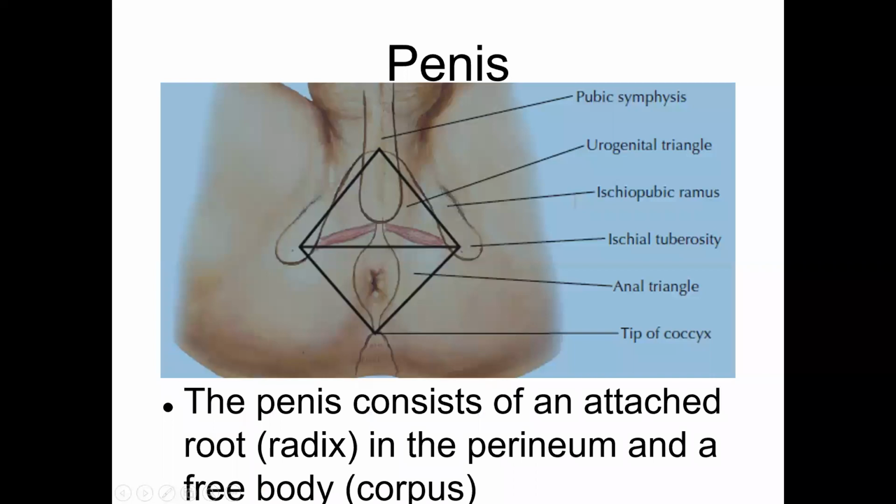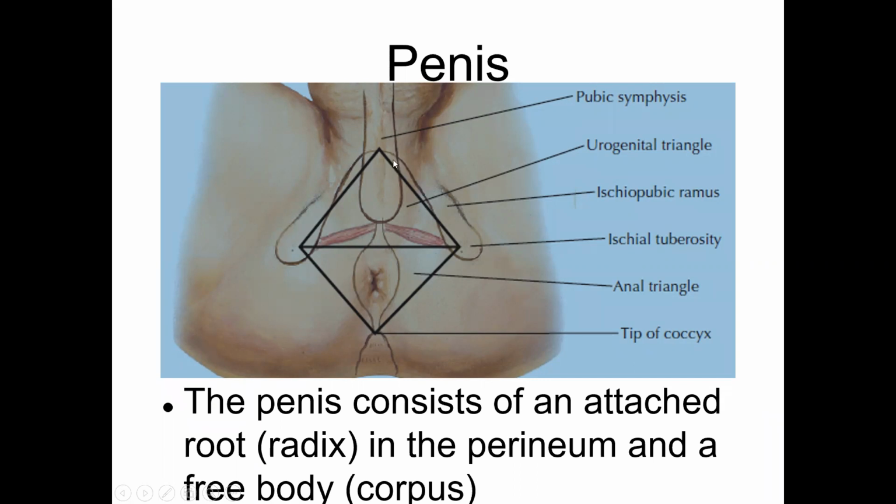The penis consists of an attached part called the root or radix in the perineum and a free body, which is also called corpus. Now, what is perineum? The diamond-shaped area bounded anteriorly by pubic symphysis, posteriorly by the coccyx, on each side by the ischial tuberosity.